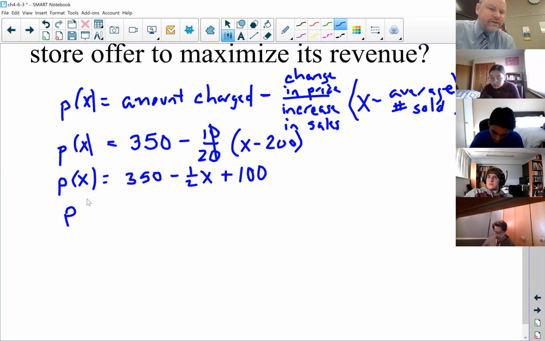the demand function is going to be negative 1/2 X plus 450.